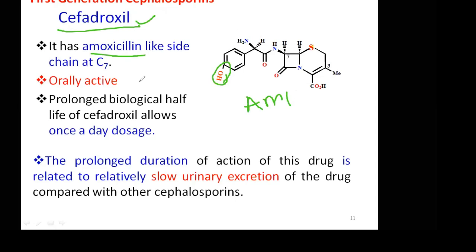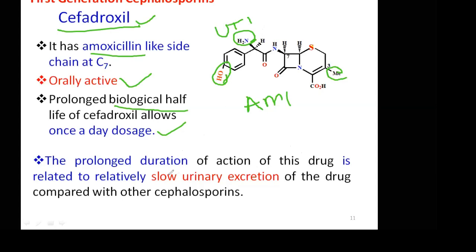It is orally active because of this methyl group and this amine group. See, the half-life of this drug is very high and one dose is enough for a day. It has a prolonged duration of action, and especially cefadroxil is used to treat urinary tract infections.